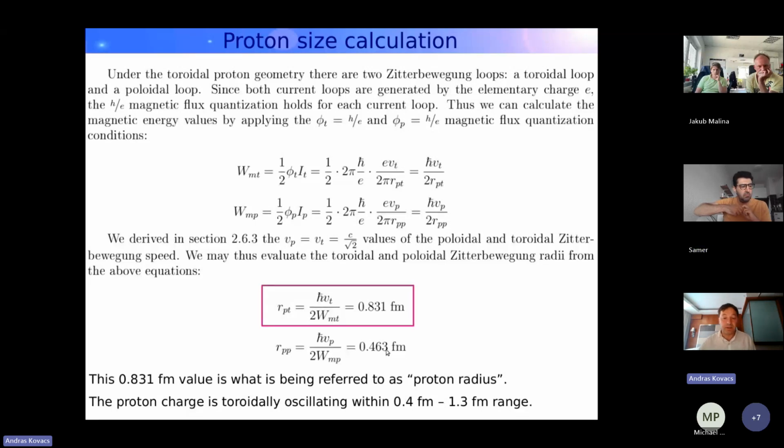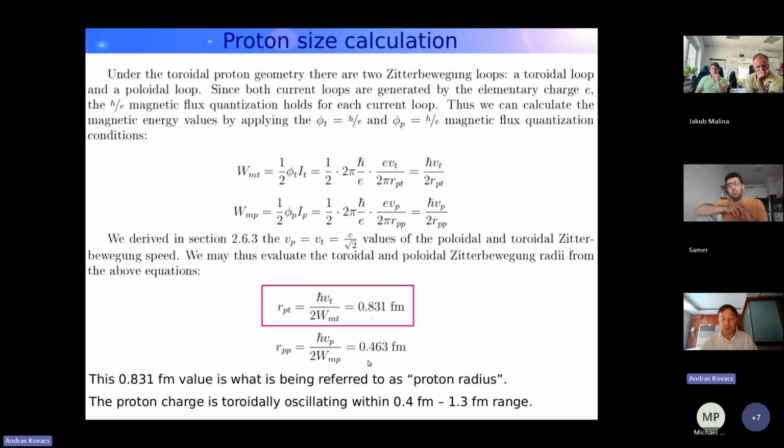So this is quite a satisfying result, because via this simple calculation, we calculated the mean proton radius, which 99% matches the consensus experimental value.